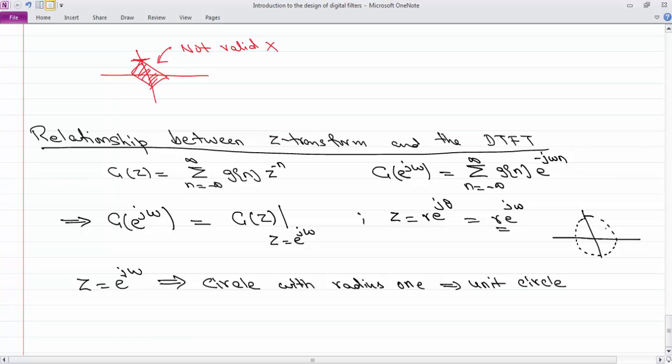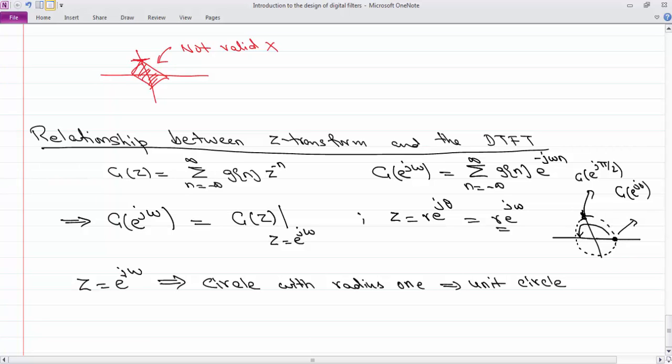For example, this point on the unit circle is effectively your G of e to the j0. This point is effectively G of e to the j pi by 2. As you go from here to here, you are going from 0 frequency to pi frequency.